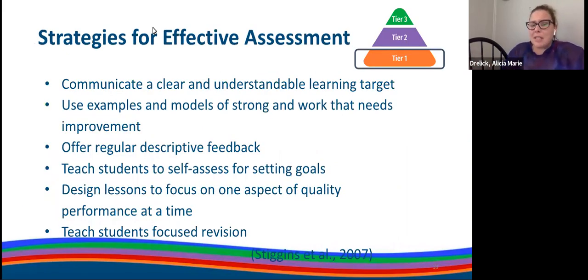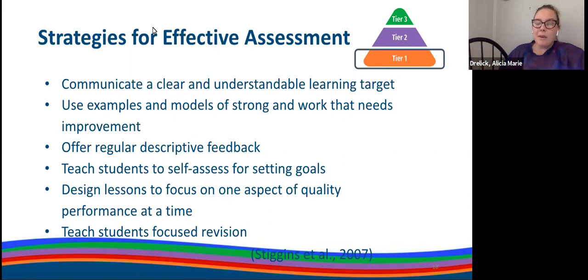Diving a bit deeper into Tier 1 assessments, one thing to keep in mind is that as students move through tiers, we want to look for a minimum of 5 to 6 points of data that help us make this transition into addressing student needs. So some of the information that we can gather in Tier 1 can help us move forward.